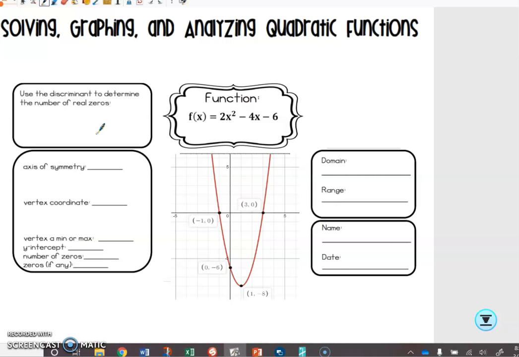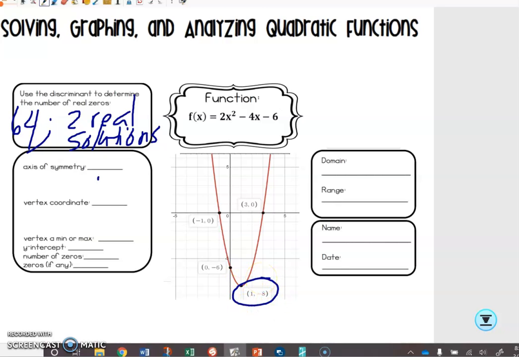And if you look back, that was a 64, which means we have two real solutions, or two real zeros, or simply that our graph crosses the x-axis twice, which we can verify with our graph right here, that it crosses here and here. So our axis of symmetry, here's our vertex.